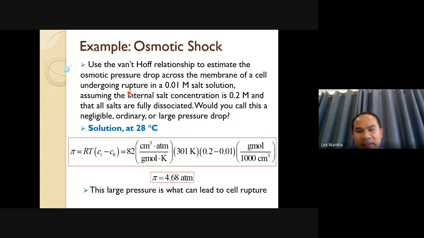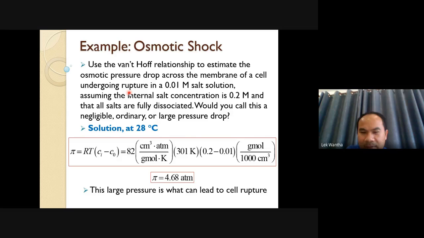The temperature is 28, and you convert from 28 degrees Celsius to Kelvin. And then Ci, the concentration of salt inside the cell, is 0.2 molar. And outside, for this case, we assume it's 0.01, maybe assume about zero.